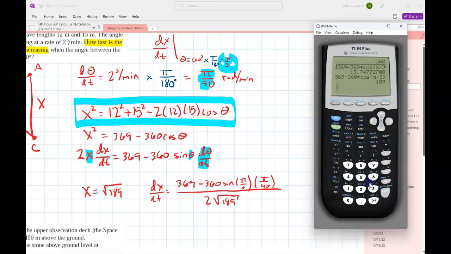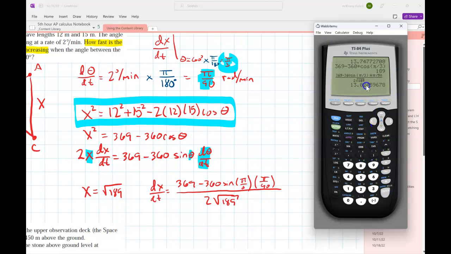369 minus 360 sine pi over 3, times pi over 90, over 2 root 189.